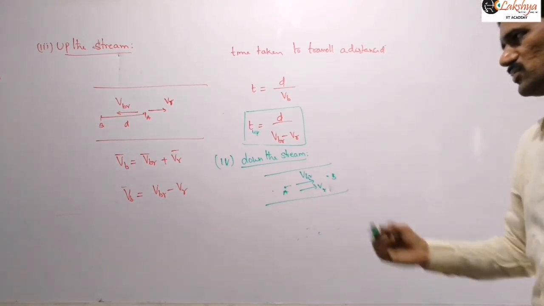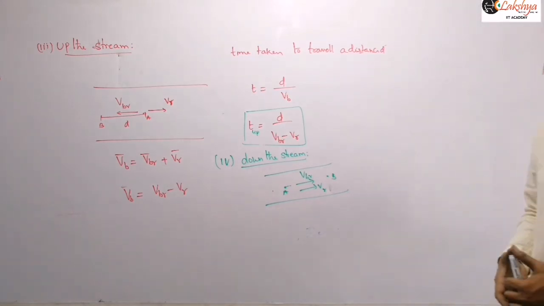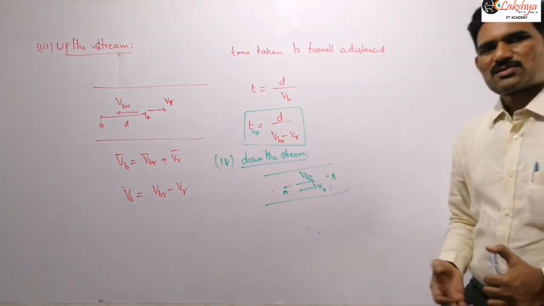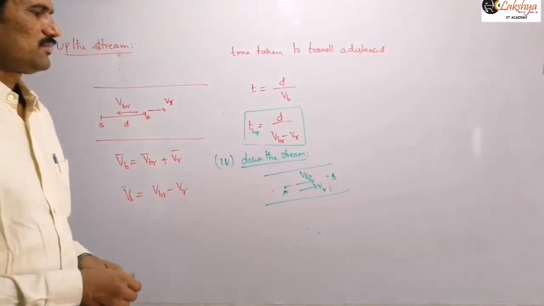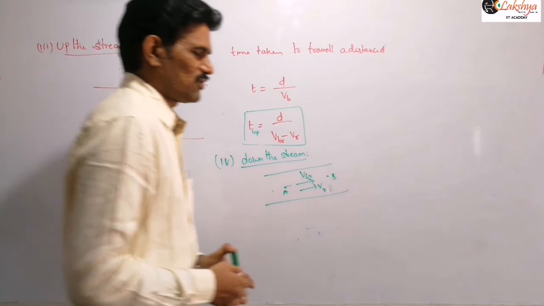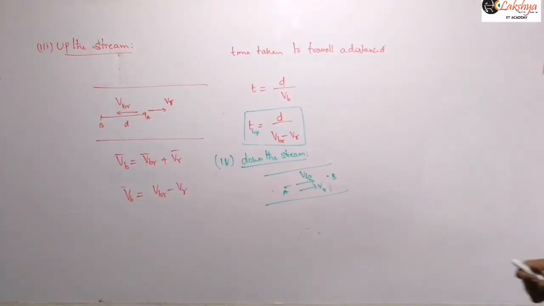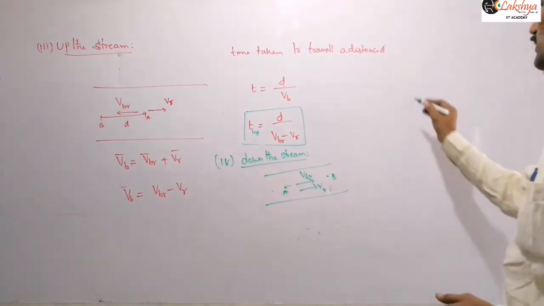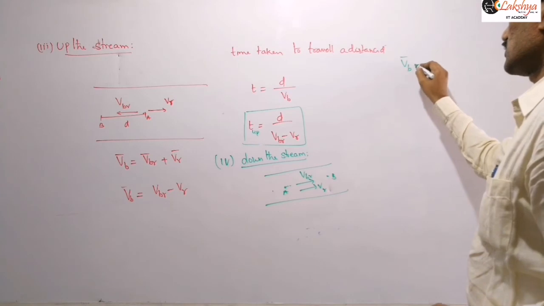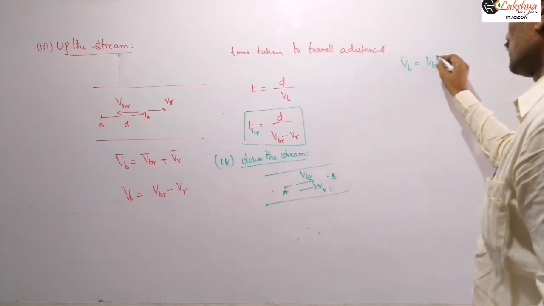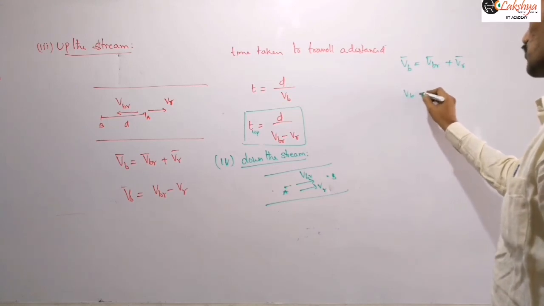First, write down the definition of down the stream. If the boat or the person travels in the direction of the river flow, then it is said to be traveling down the stream. Therefore, the velocity of the boat is the velocity of the boat with respect to the river plus the velocity of the river.